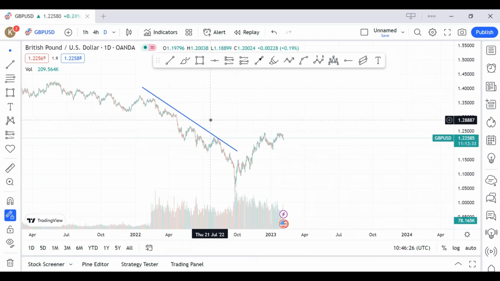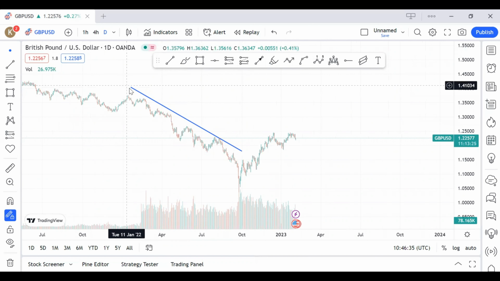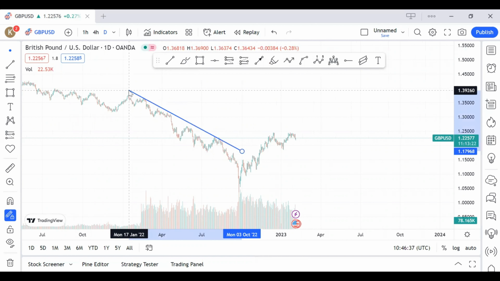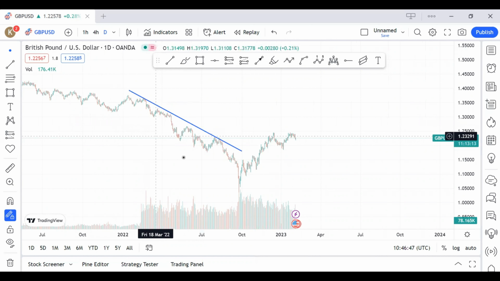Looking at the previous market structure, we can already tell that GBP has been losing strength, has been weak from that date, from the 14th and the 21st. It started losing its strength from the 14th and the 21st. That's when it decided to fall.